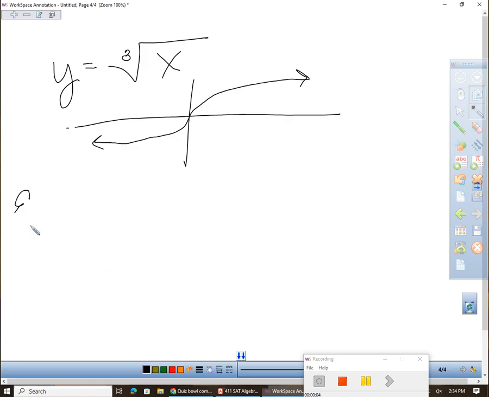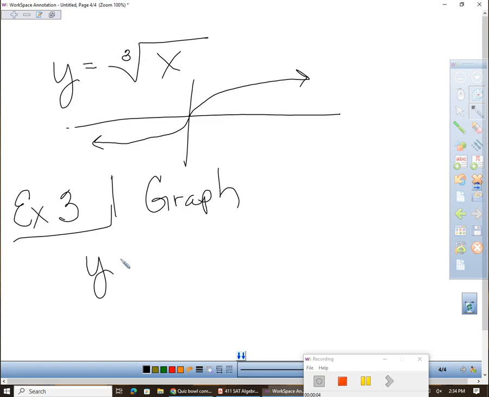All right, so here we go with example number 3. And this is the rest of your problems today. Graph y equals the cube root of x plus 1, minus 6.